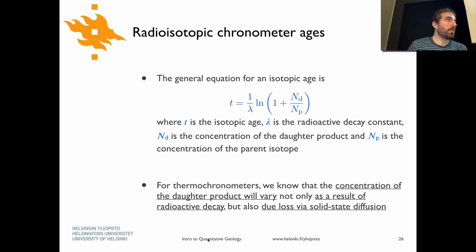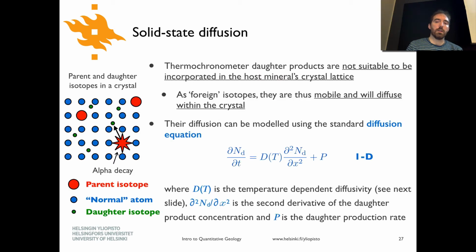But of course, for a thermochronometer, this doesn't work because the daughter product is not all retained, so it can be lost to diffusion. So we have to think about this solid state diffusion part of the system, and the equation there. And of course, that is a diffusion equation, no surprise.